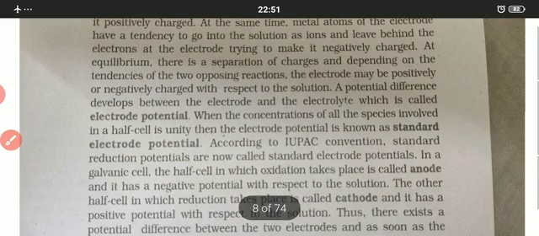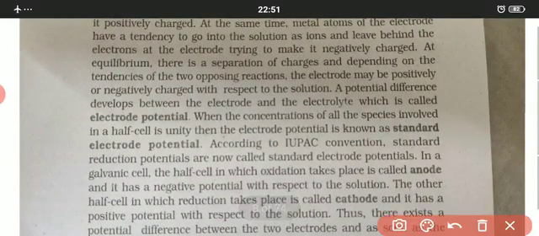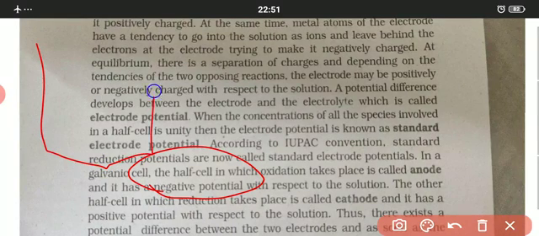In a galvanic cell, the half cell in which oxidation takes place is called the anode, and it has negative potential with respect to the solution. The anode always has negative potential because it is negatively charged. What happens at the anode?